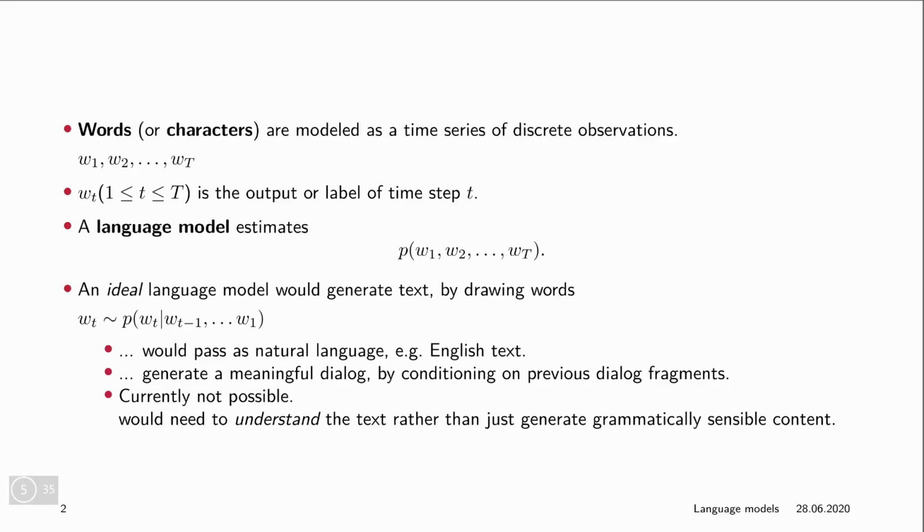It would draw words from the conditional distribution of the next word at time step little t, conditioned on the word before, and so on and so forth up to the first word of a sentence.